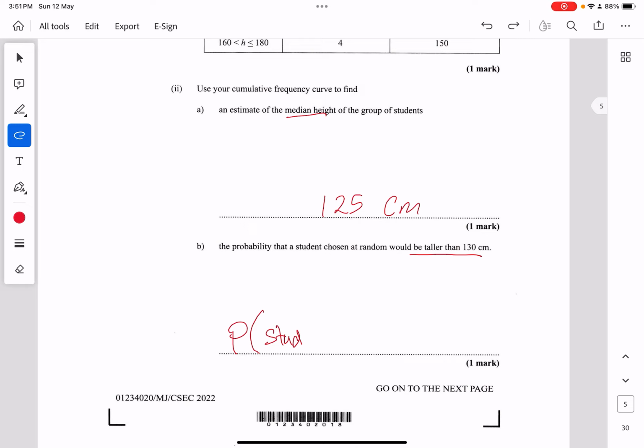Not student height. Probability, I'm going to say h for height is greater than 130 cm would be equal to 50 students over 150, and that is going to be 0.33 or 1/3 or 33.3%.